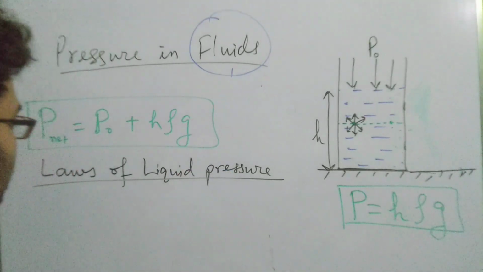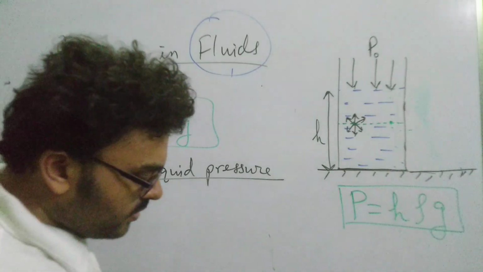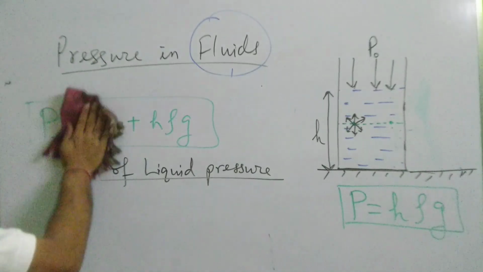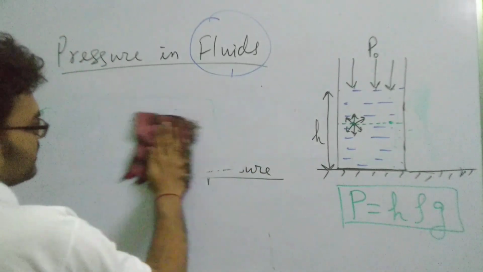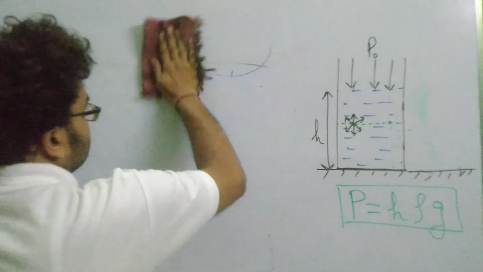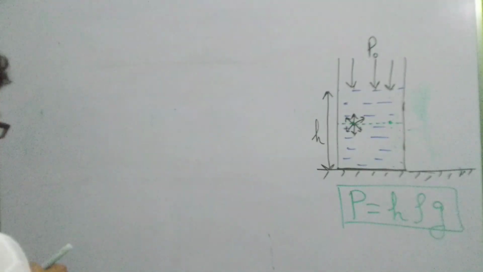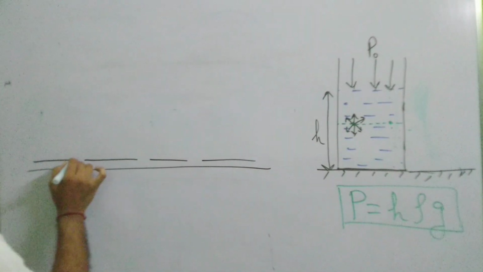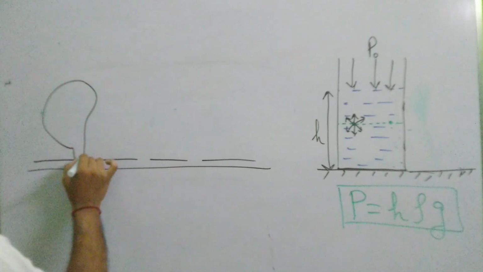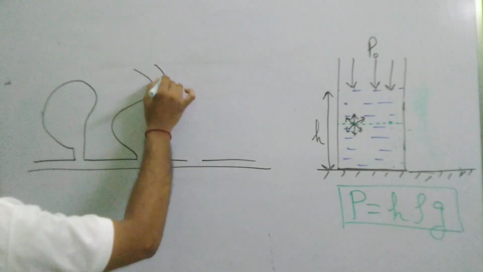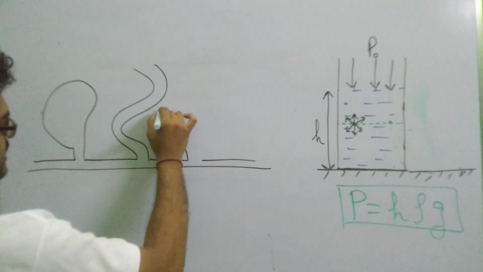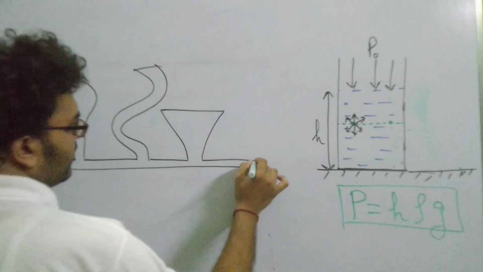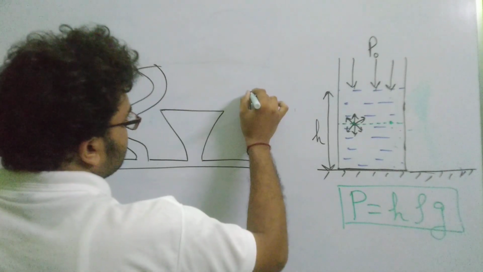If we remember, we have read something called the hydrostatic paradox. I am just drawing it, it will be easier to demonstrate the point elaborately. Consider a pipe like this, and there are different kinds of vessels. One vessel is like this, one is straight like this, and one is horizontal like this.